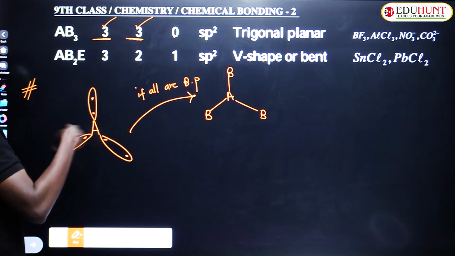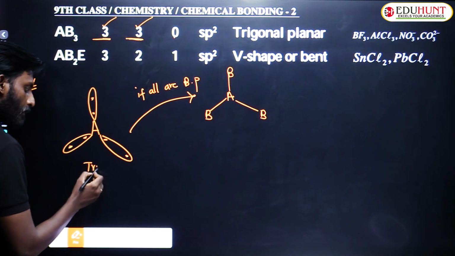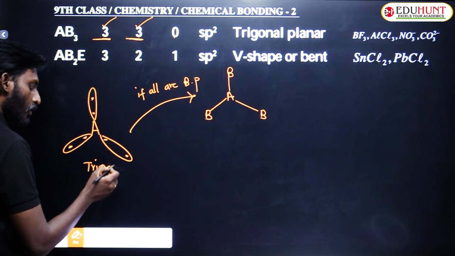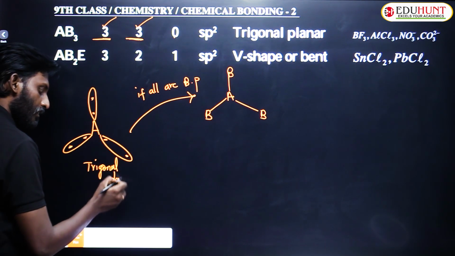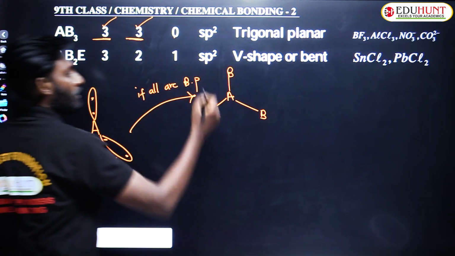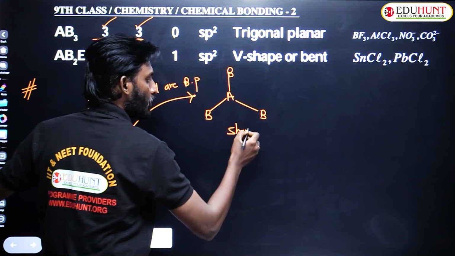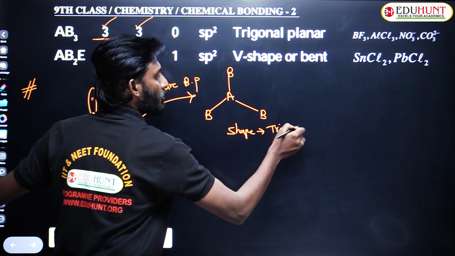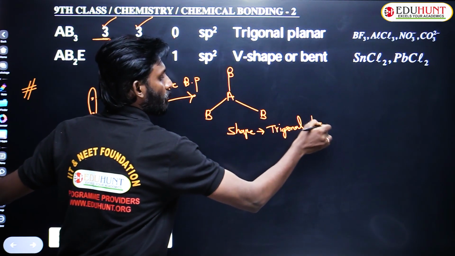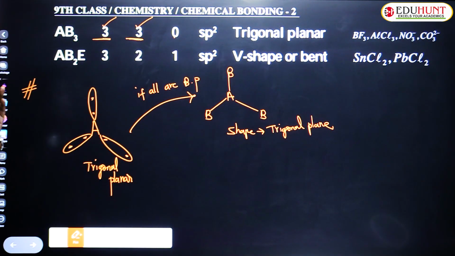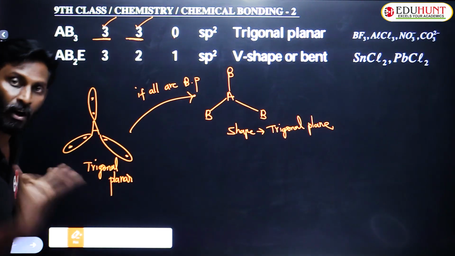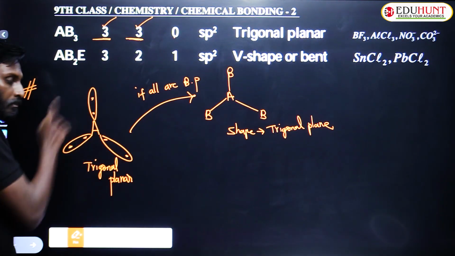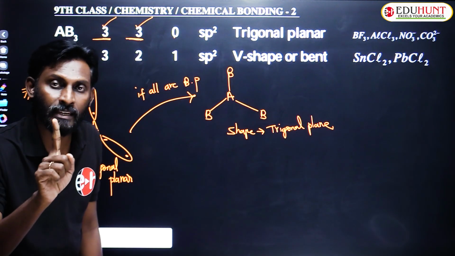The electron geometry is trigonal planar. And molecular geometry, that means shape, is also trigonal planar.